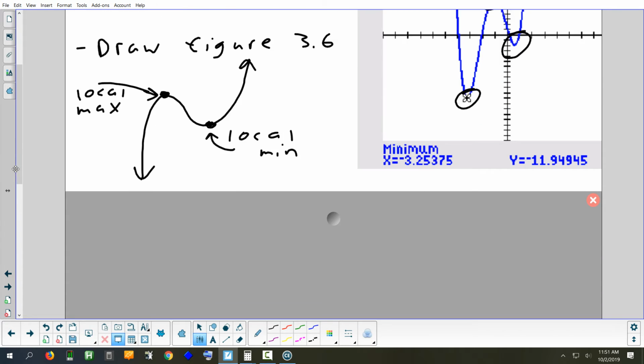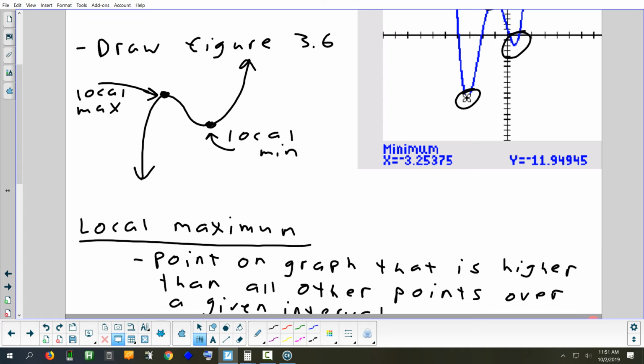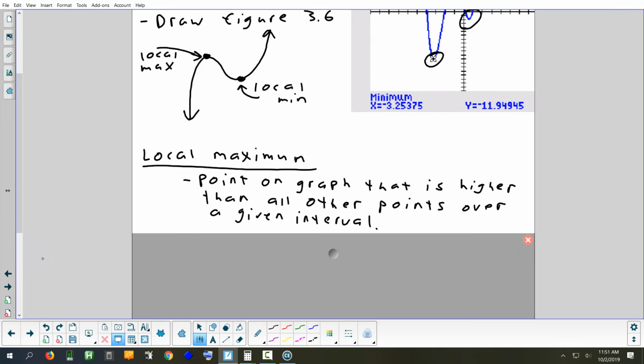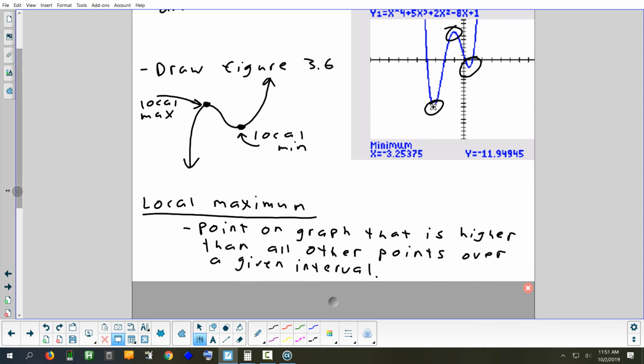What a local maximum is, it's a point on the graph that is basically higher than everything else around it.